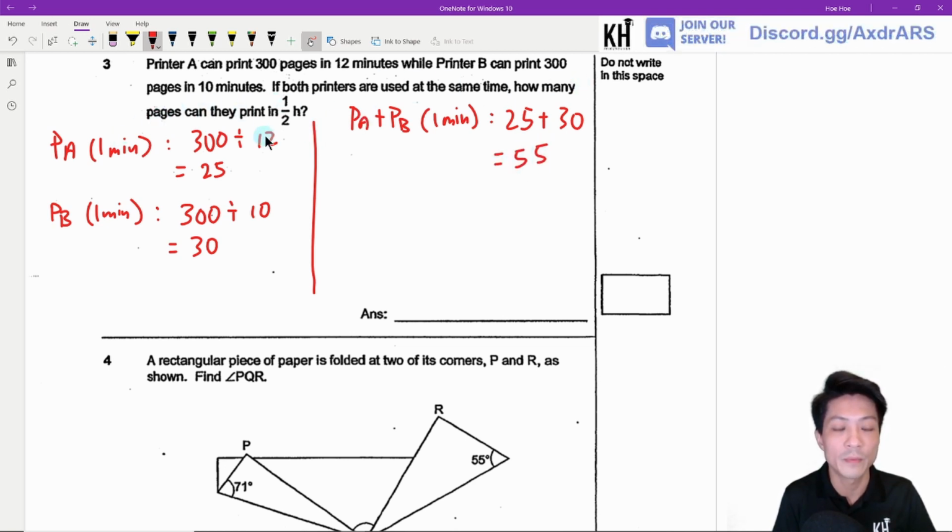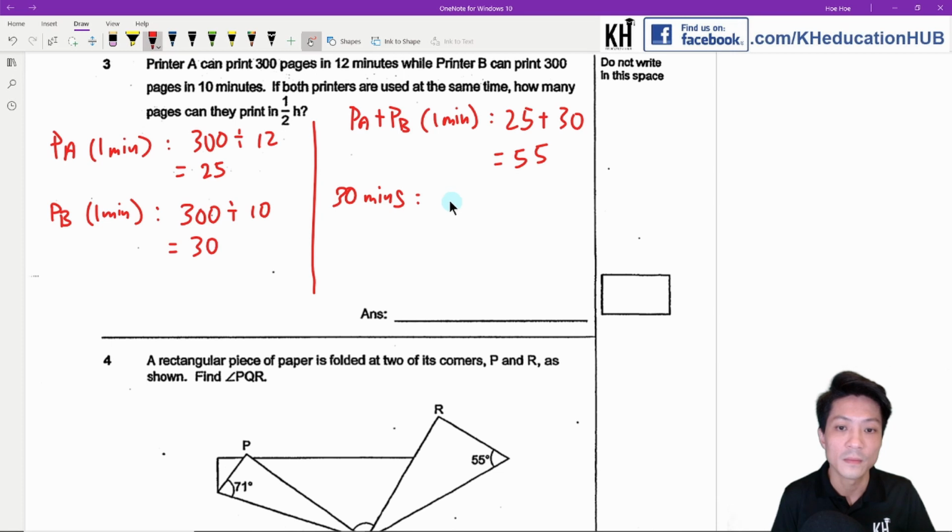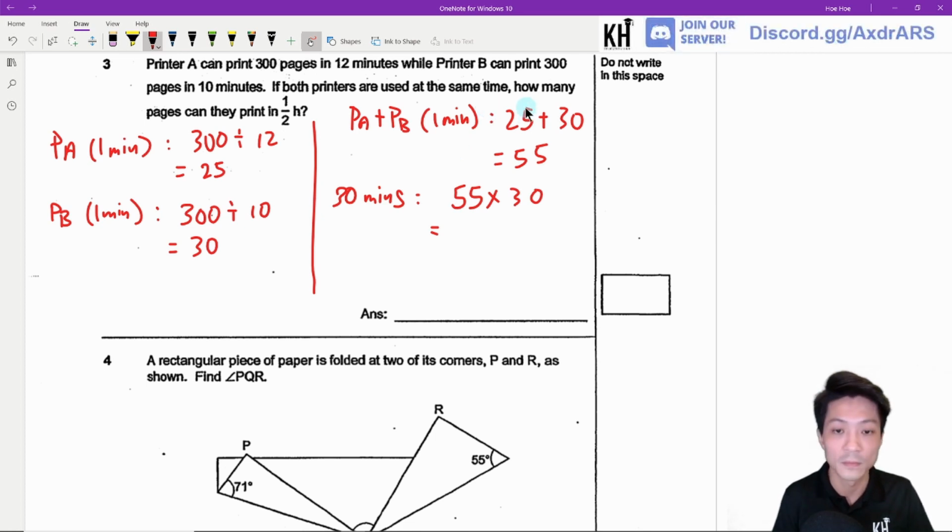Okay, how many pages can they print in half an hour, which is 30 minutes? Which will be 55 times 30. Okay, 1650 pages.